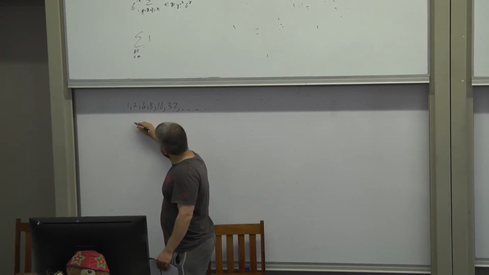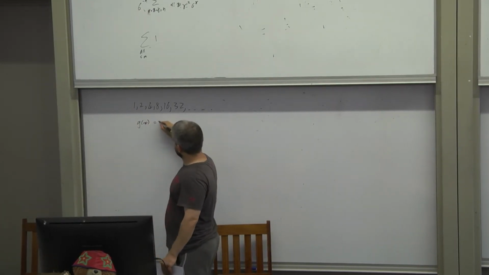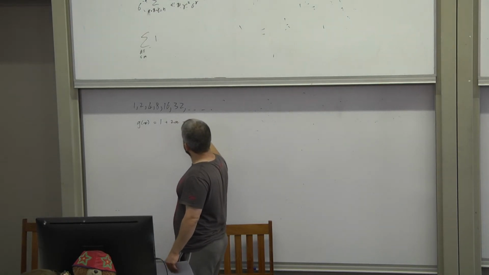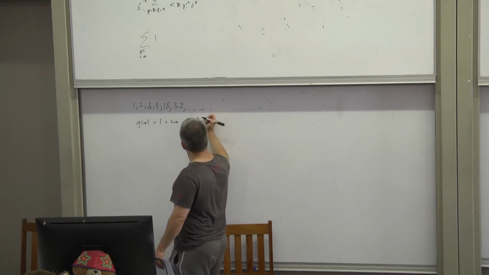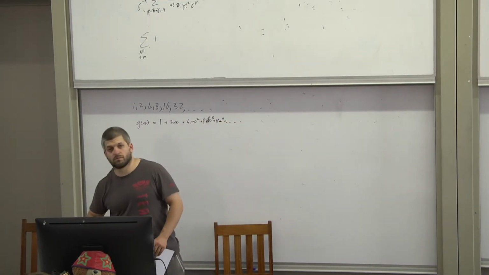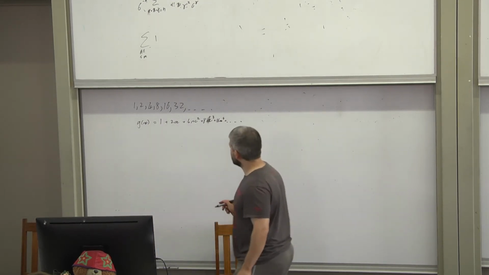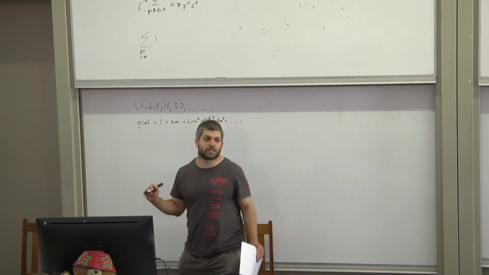So what we're going to do is call this function g of x. It's 1 plus 2x plus 4x squared plus 8x cubed, and so on, right? All we're doing here is attaching numbers as coefficients to a series.